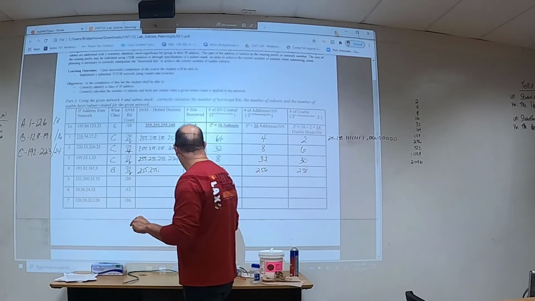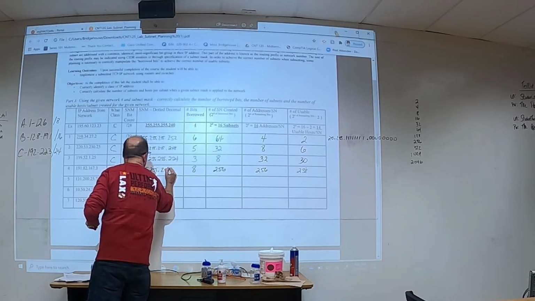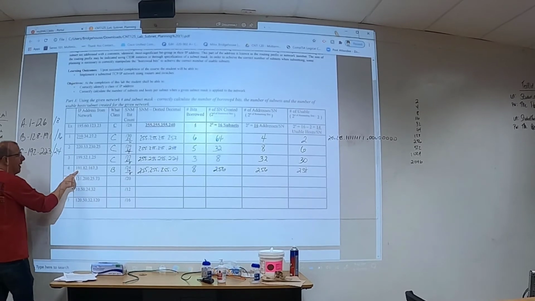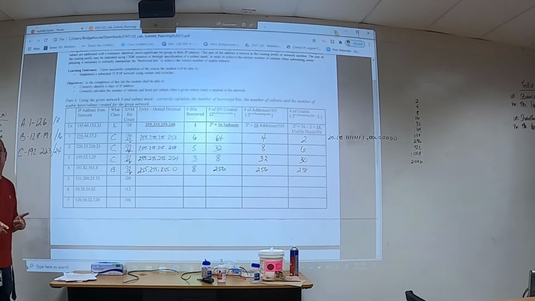What is my subnet mask? Well, if I borrowed all 8 bits, it's going to look like a Class C, but the first octet tells me that it was a Class B to start with.